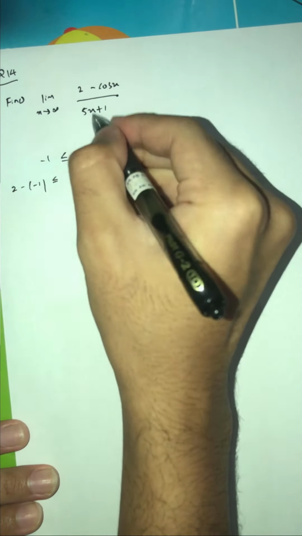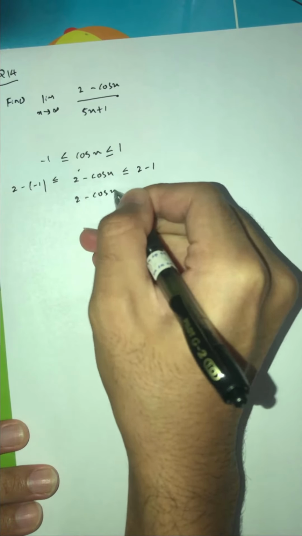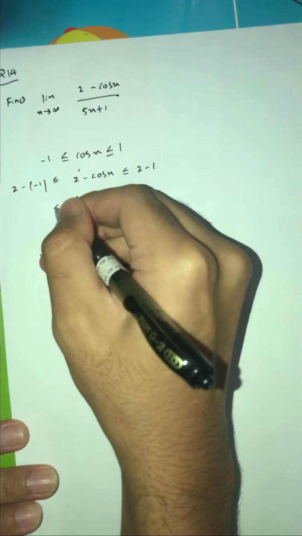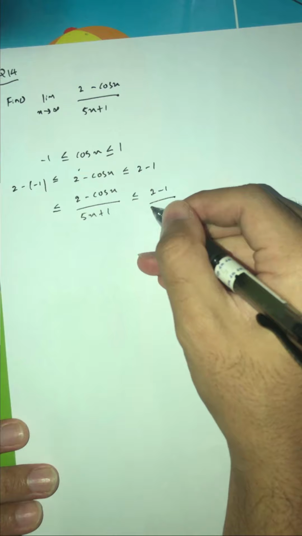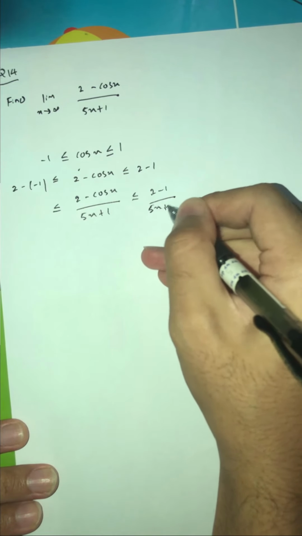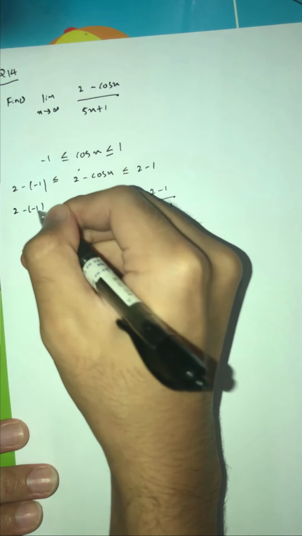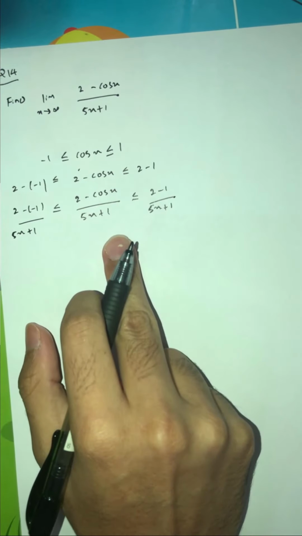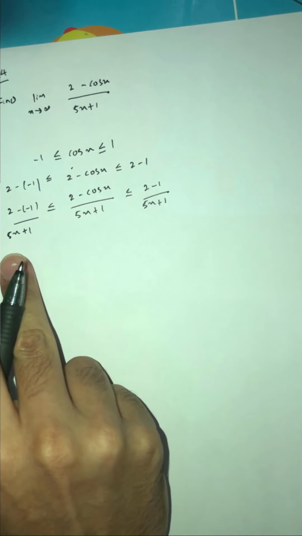Next is the bottom part, so we add another 5x plus 1, so you have 2 minus 1 over 5x plus 1 and 2 minus 1 over 5x plus 1. Okay, so this is our squeeze theorem. What you need to do is find the limit of this and the limit of this.